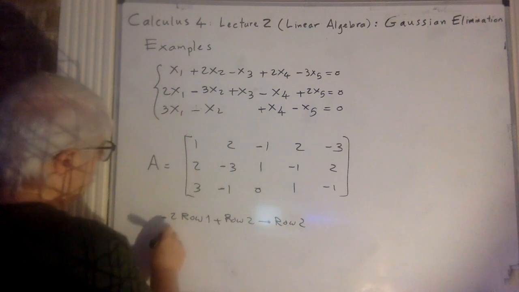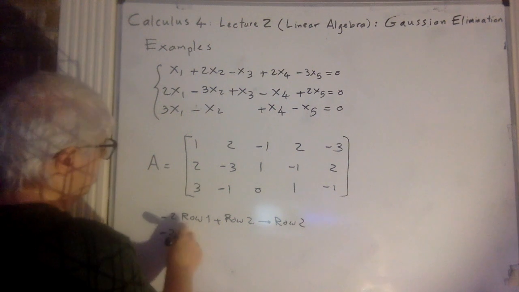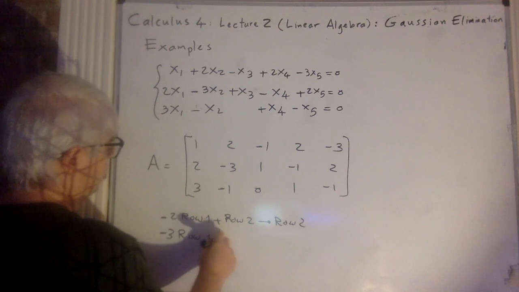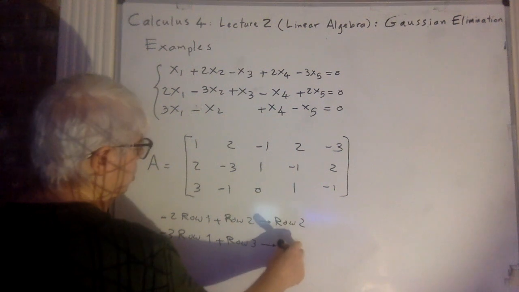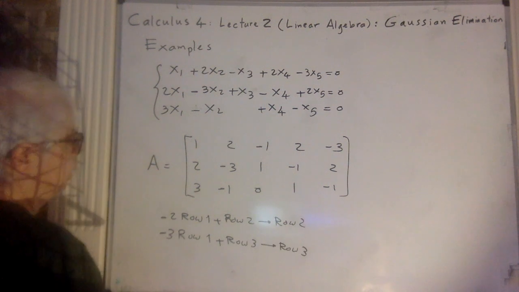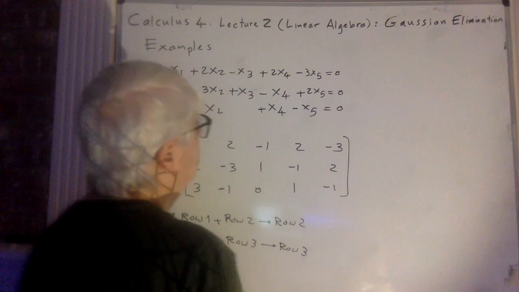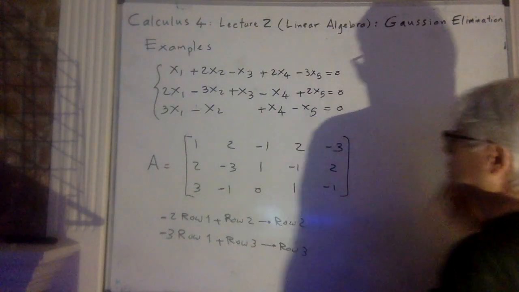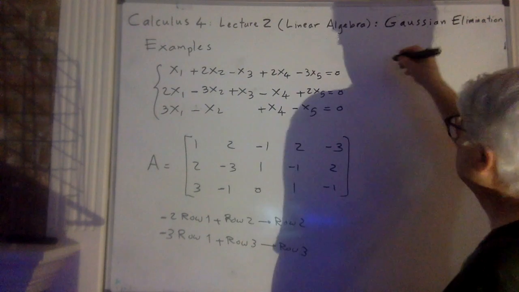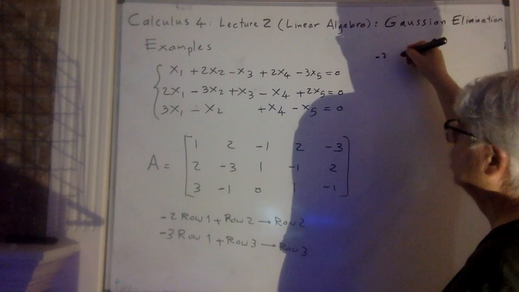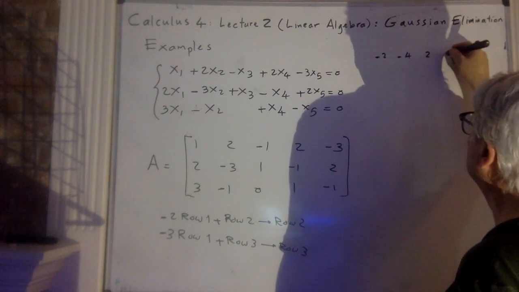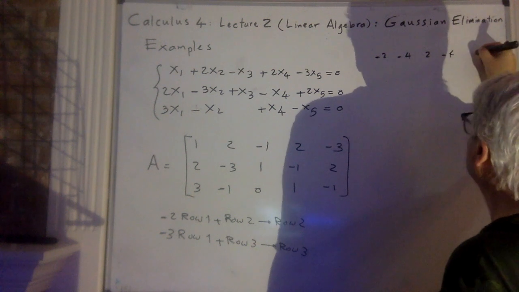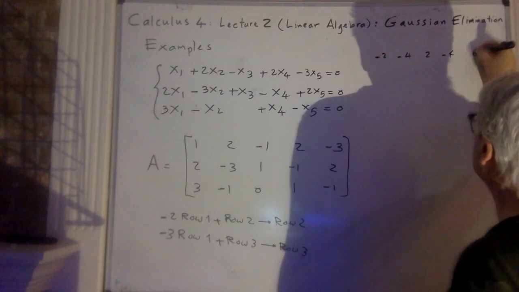And then we write the other operation. Let's do them together: row number 1 plus row number 3, and that goes to row number 3. Okay, if I do this, let me do the operations here. So minus 2 times this is minus 2, and minus 4, and 2, and minus 4, and 6, right?